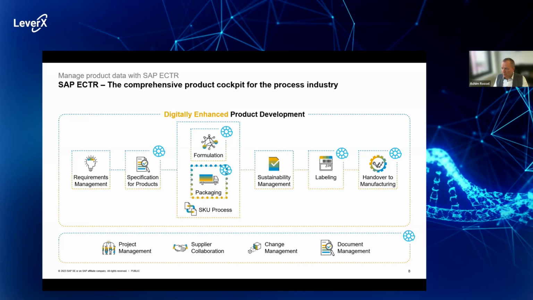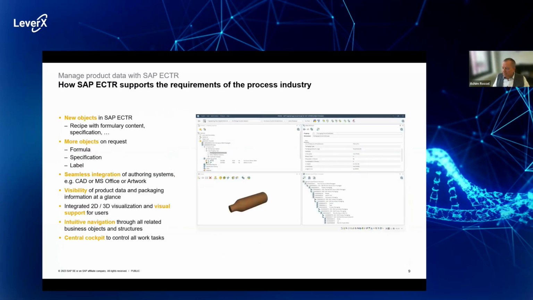Now, today, of course, we want to focus a bit more on the packaging side, how we specifically support the packaging part of product creation here. What we want to do is, first of all, have all the relevant objects that we need directly here in ECTR. In the past, if you go into the history of ECTR, it was more focused on documents and then BOMs and so on.